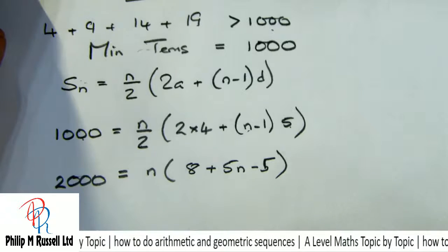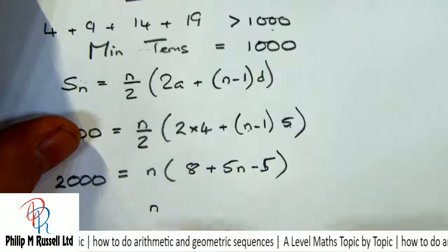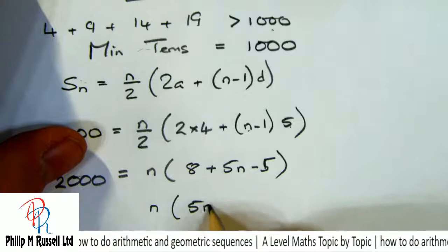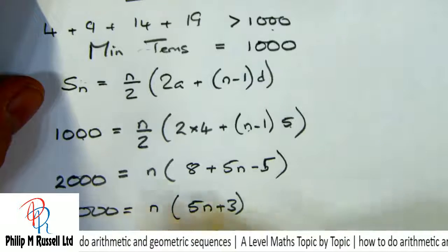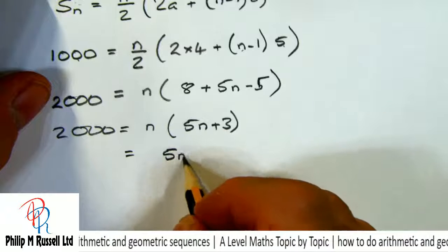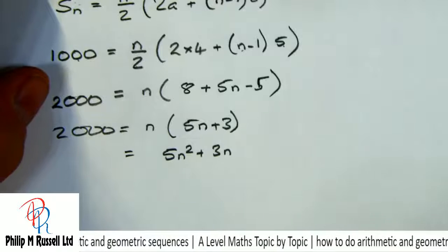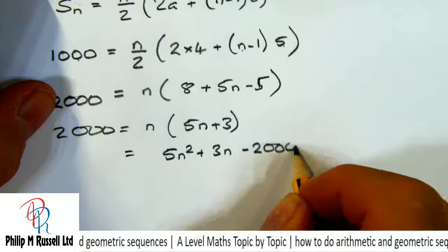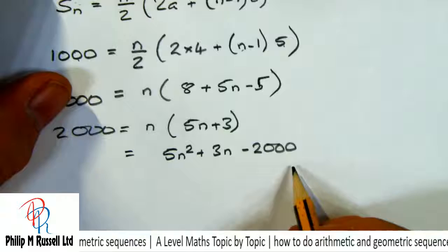Let's now sort that out because it's going to be easier. So we've got 8 minus 5 is 3, so I've got 5n plus 3 equals 2,000, and if we set this up, I've got 5n squared plus 3n, and if I bring over the 2,000, we've got simply a quadratic to solve.